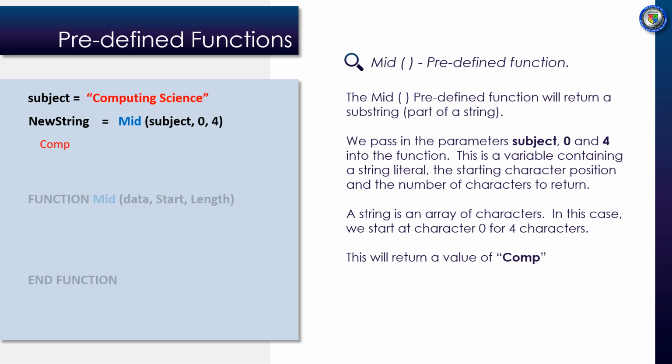The actual parameters 0 and 4 indicate the starting position and for how many characters we want to take. In this case, we start at character 0 for 4 characters. That returns the value COMP.